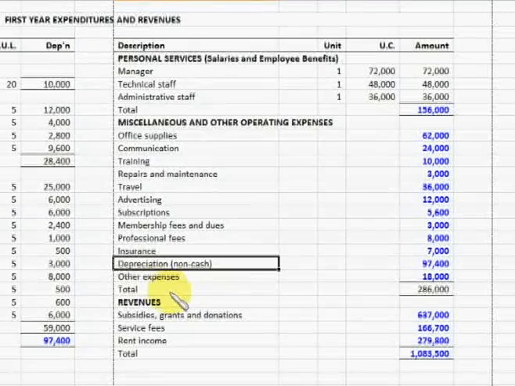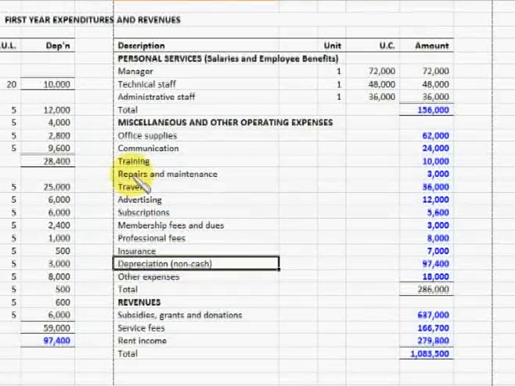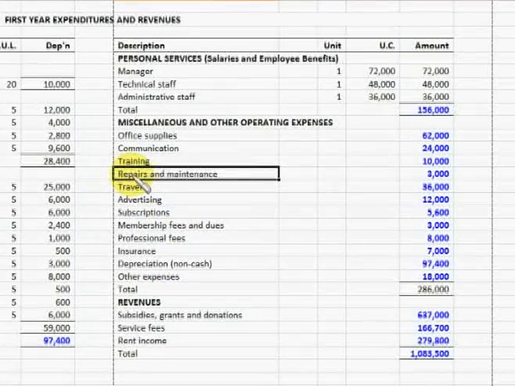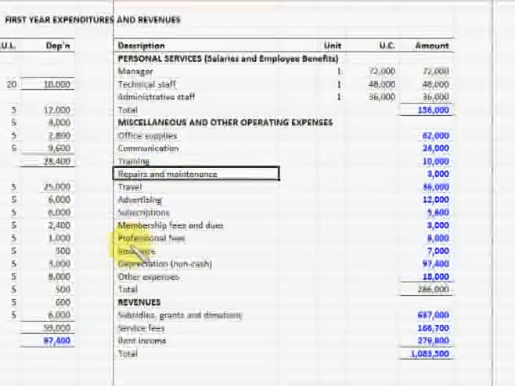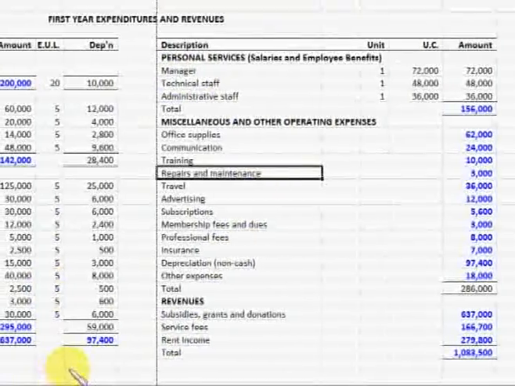So most likely we will not be able to find this account in the startup budget, including repairs and maintenance, because repairs and maintenance generally are incurred during the operating phase or after the launching or establishment of the CEC. For the rest, the accounts are the same.